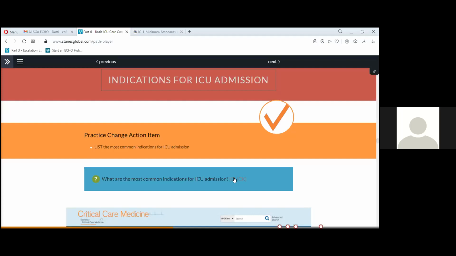Critically ill patients in shock, unconsciousness, critical care. These are some of the responses we're getting. We'll still be waiting to get more responses. Unconsciousness.